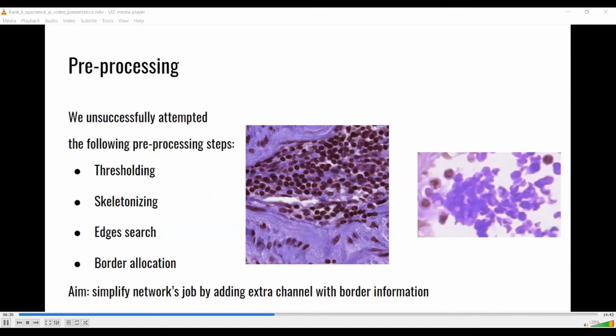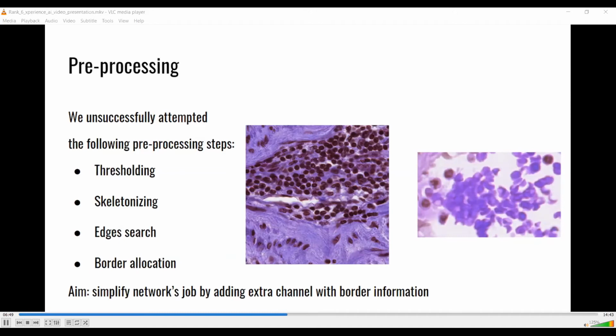So in order to boost the results, we had an idea of using cell borders as an additional input channel. It is a popular approach nowadays. The borders are received with help of traditional computer vision algorithms and morphological iterations. Unfortunately, we faced some issues.